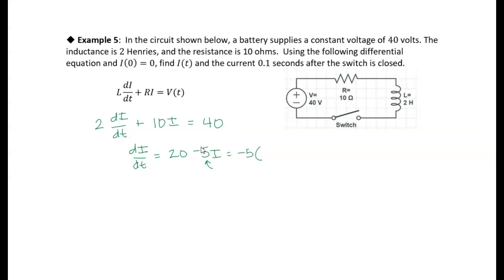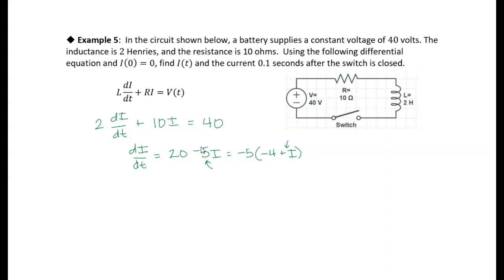That's just from my experience what makes it easier. If you don't do that, it's okay. You can do it. It just makes it slightly easier. So I'm going to get minus 5 times (I minus 4). So that gives me a positive 1 coefficient on the I.